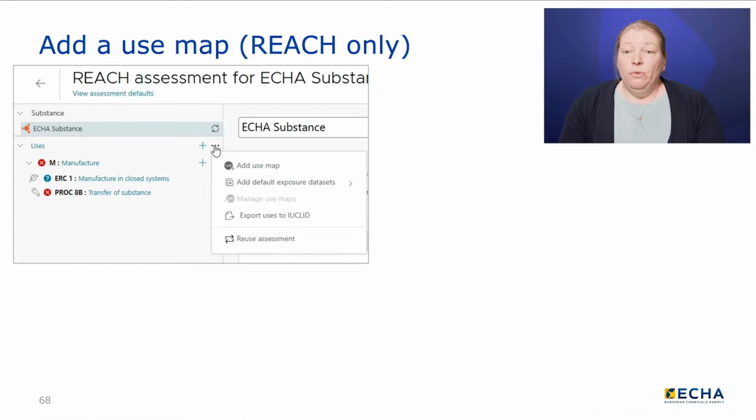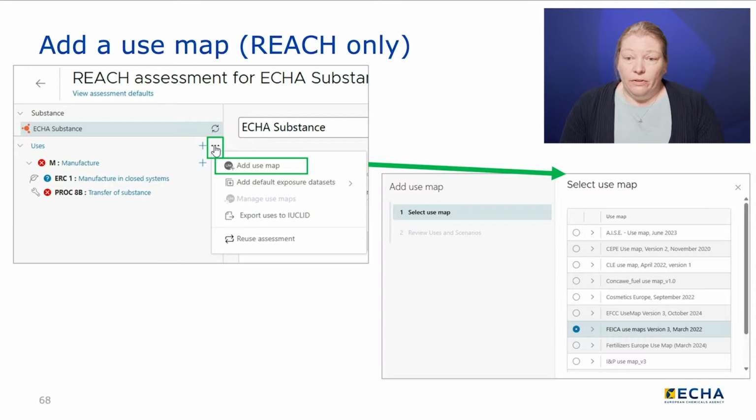As said before, there is also the possibility to add a use map, which is a group of uses and scenarios in a specific sector, which has usually been prepared by a sector association. The functionality for this is in the same place as the reuse assessment, so in the three-dot menu at the top of the uses tree. And like we are used to by now, this will again open a wizard.